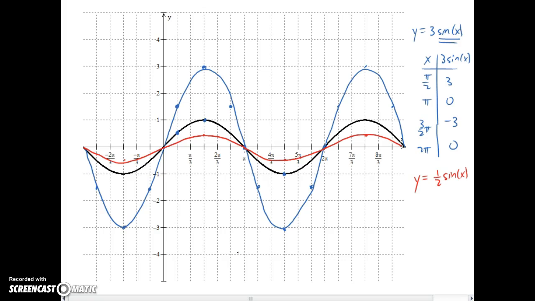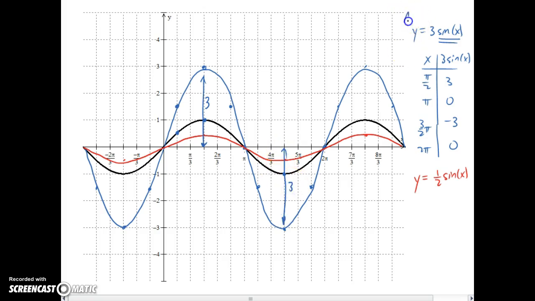Now, an important thing to notice here is that the height off the axis for our original graph is 1, and the amplitude is 1. On our transformed one, y equals 3 sine x, notice that we're 3 above the axis and below the axis.